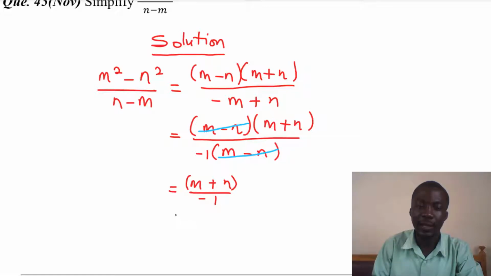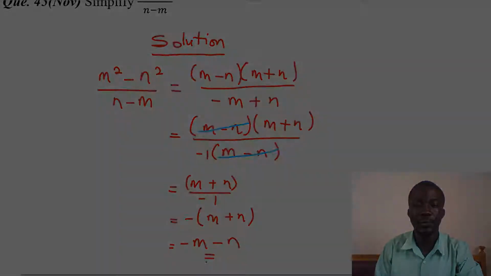This is inside the bracket, which will then be negative into bracket m plus n. And when we multiply or expand, we are going to get negative m, negative n. So this will be our solution.